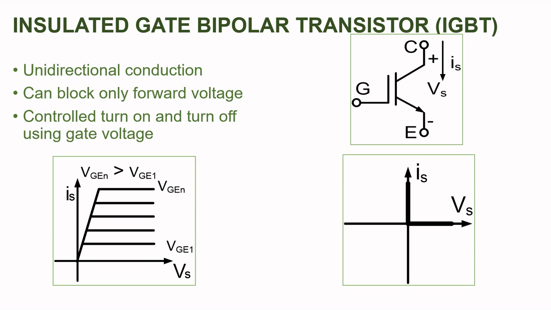Active region of the characteristics would not be used in power electronics. IGBT has the advantages of both MOSFET as well as BJT.